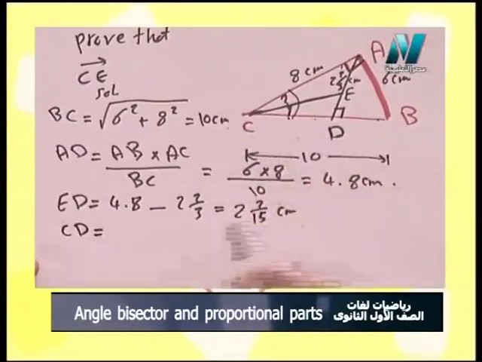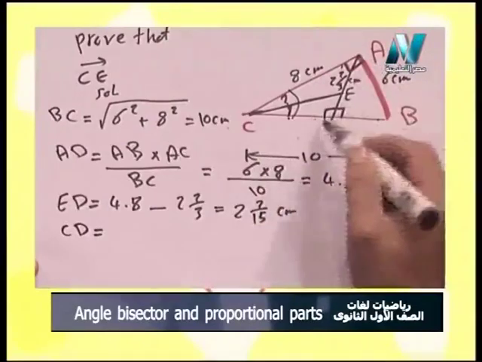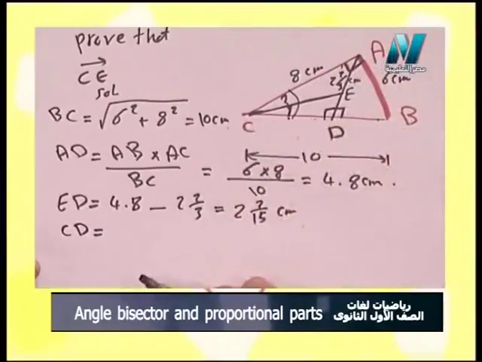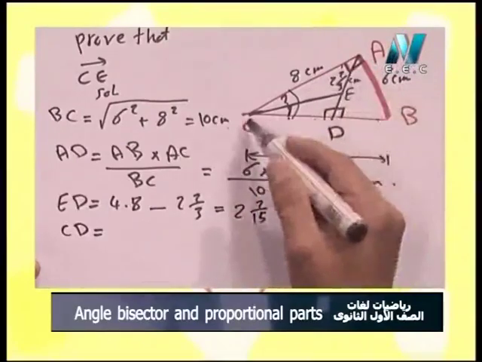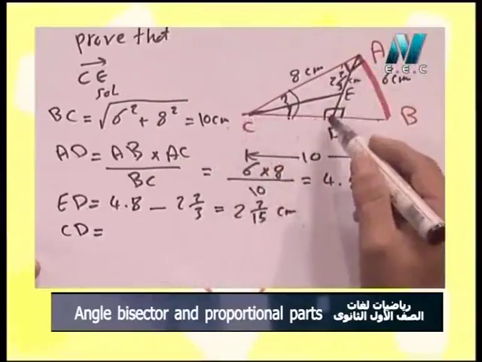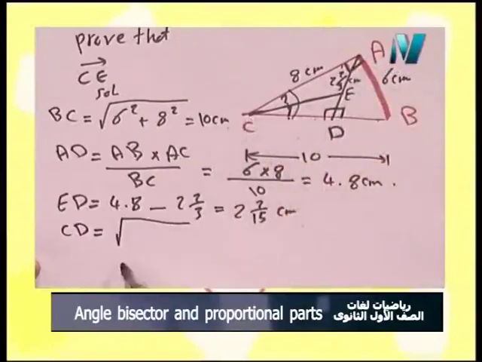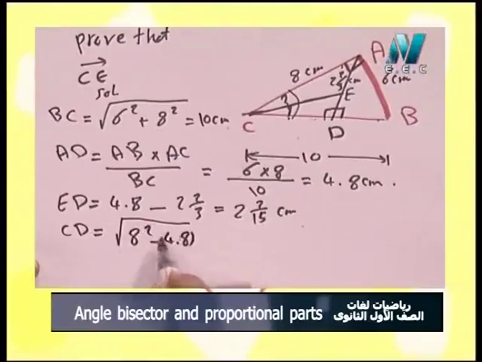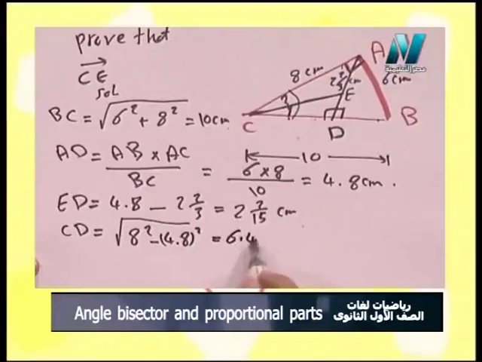CD from the right angle triangle ADC is the square root of AC power 2 minus AD power 2. So it's 8 power 2 minus 4.8 power 2, so it's equal to 6.4 centimeters.